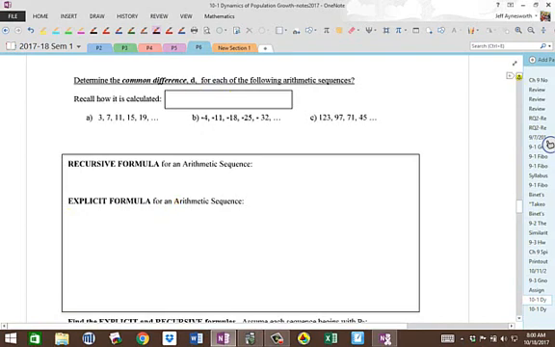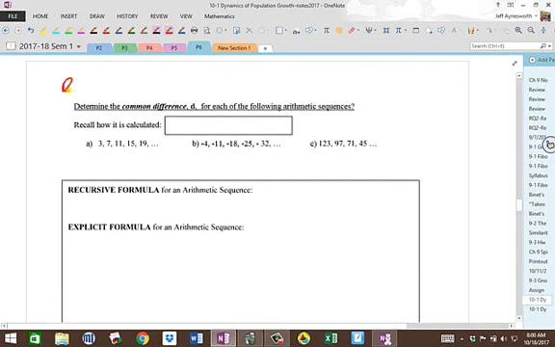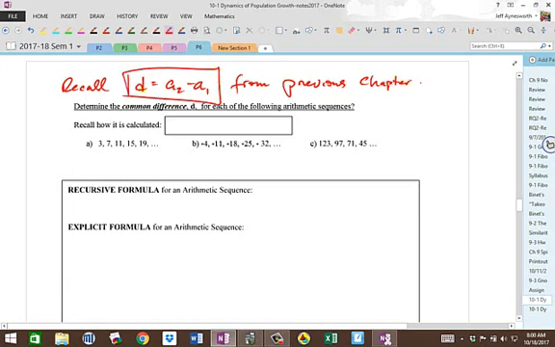And let's recall from the previous lesson, I like to say recall, that d is always equal to a2 minus a1, from the previous chapter. We already know this. In this case, d is equal to p1 minus p sub 0.